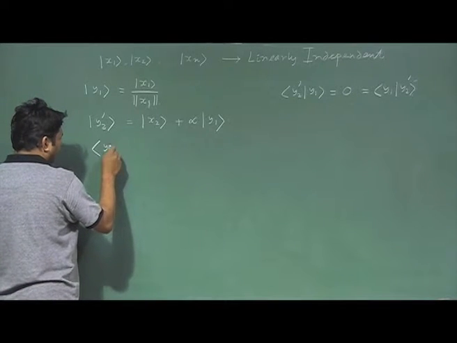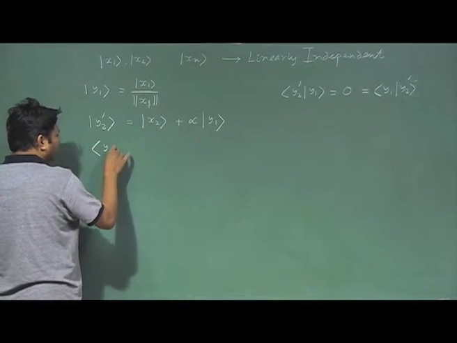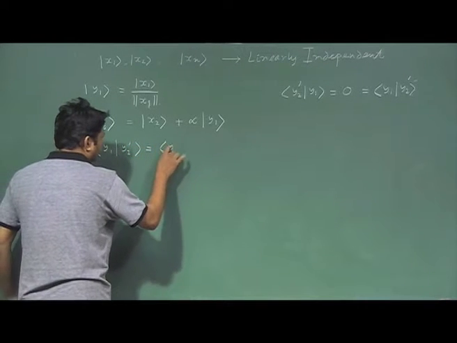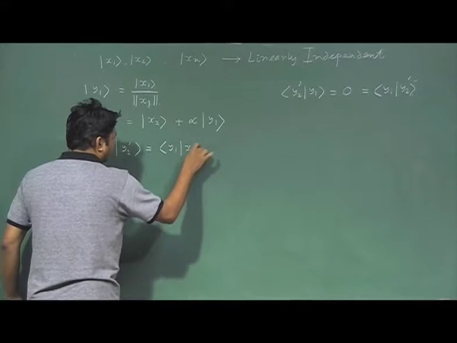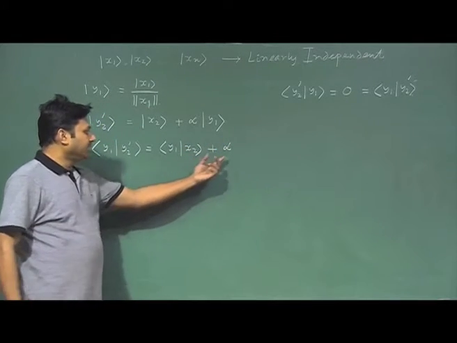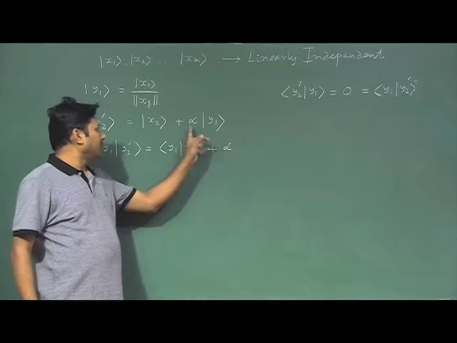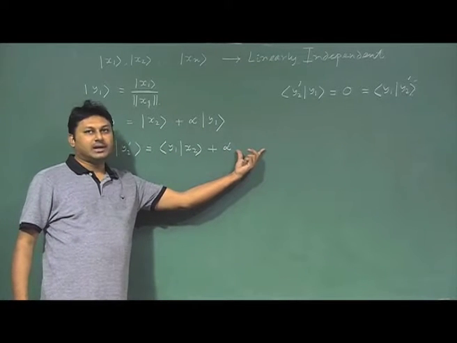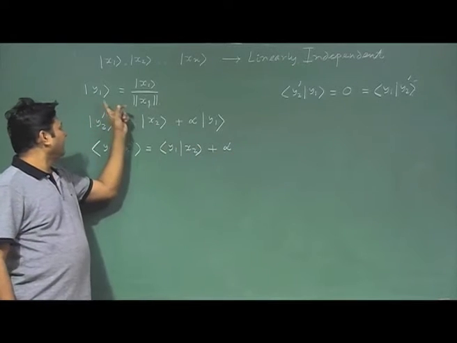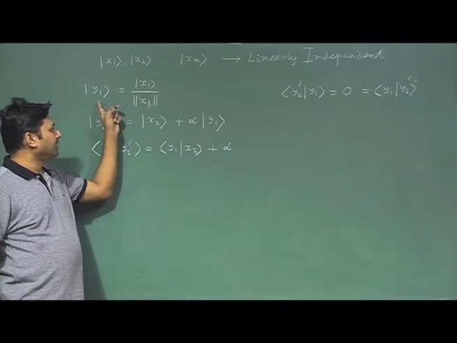If I now operate with y1 from both sides, it will be y1 dot x2 plus alpha. Why alpha? Because now the y1 y1 term will come here, which is the mod of y1 squared, and here I find that mod of y1 squared is 1.